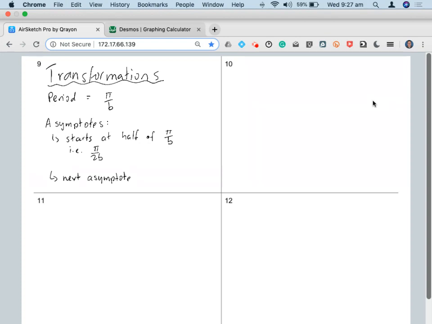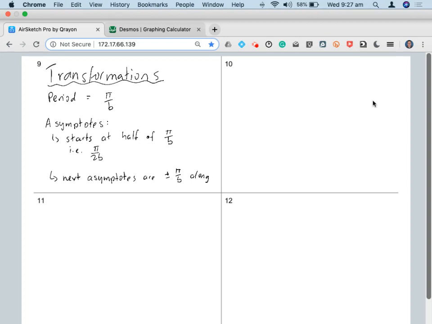If you would prefer to memorize 2k plus 1 times pi all over 2b, please feel free to. But the way I look at it is that the next asymptotes are plus or minus pi on b along. I just pace them out according to the period.